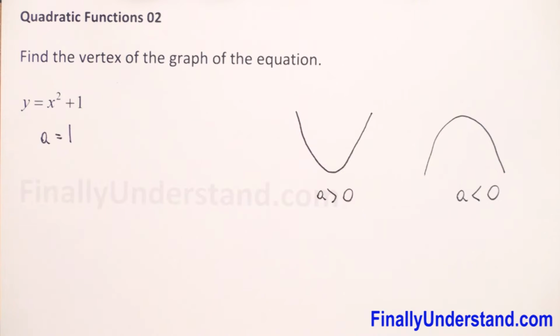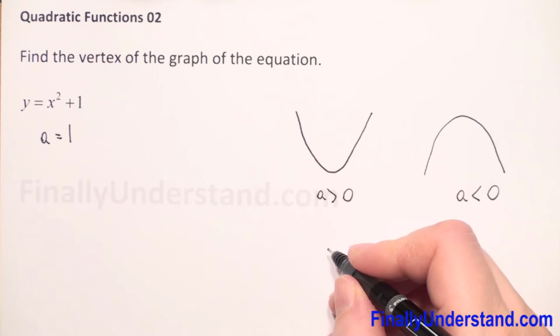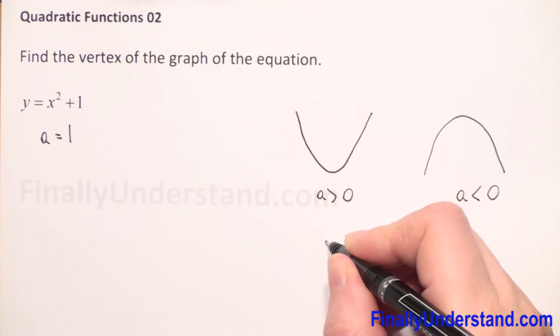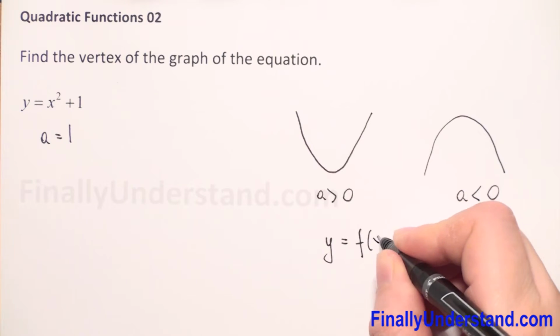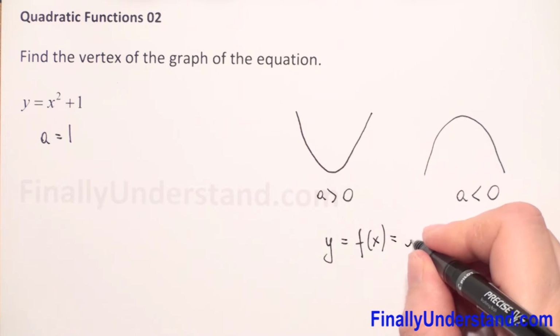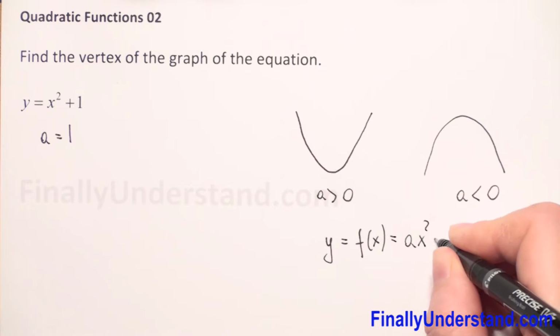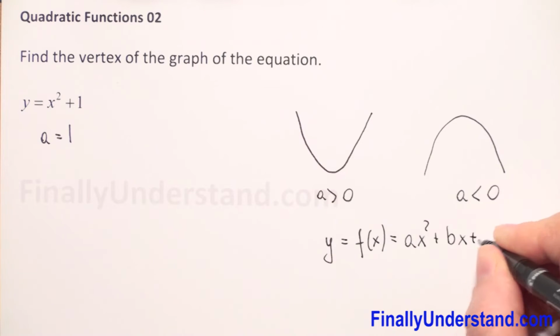And let me remind you of the formula, the general form of a quadratic function. We can write y, or we can write that this is f of x is equal to a x squared plus bx plus c.